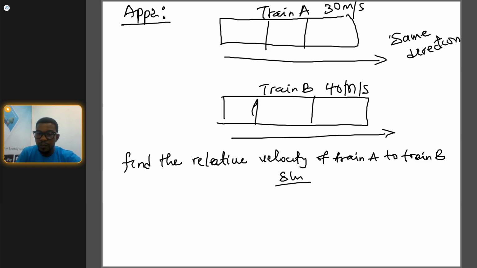This takes us back to the facts we discussed under relative motion. So I want us to solve this. What will be the answer? They are both moving in the same direction. What will be the relative velocity of train A to train B? I'm waiting for a response in the chat box.